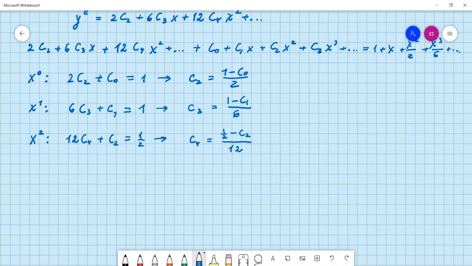I do know c2, right? So I'm going to substitute it here. So it's (1/2 minus (1 minus c0) over 2) divided by 12. I'm hoping to simplify it a little bit. So I have 1/2 and minus 1/2 here, which cancel each other, right? And I'm going to have just c0 over 2 and over 12. What happened to the minus? Well, there was minus and minus, which disappeared, right?